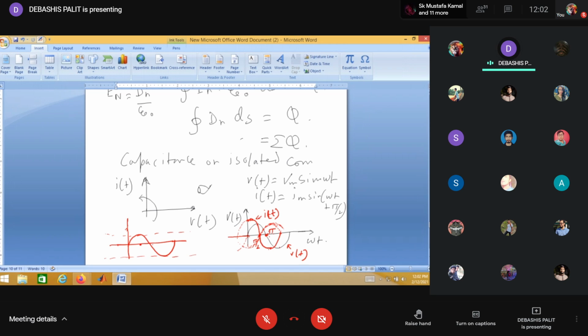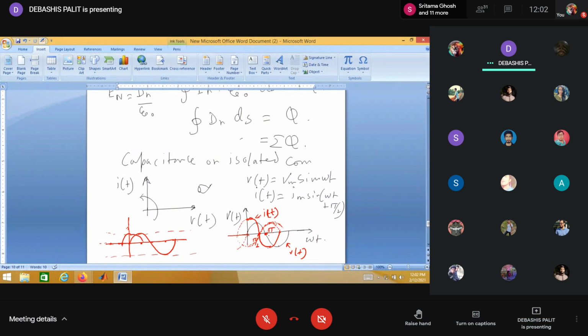This is pi by 2, this is pi, this is 3 pi by 2. So here also this is pi by 2 and this is pi. This is your voltage phasor and this is your current phasor for pure capacitance.